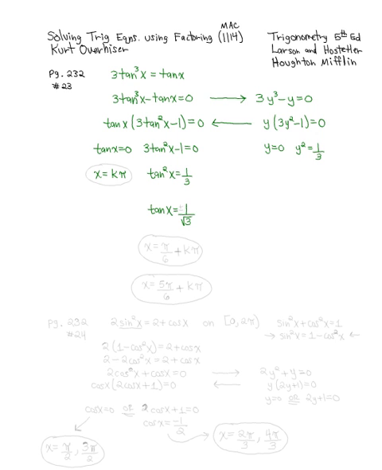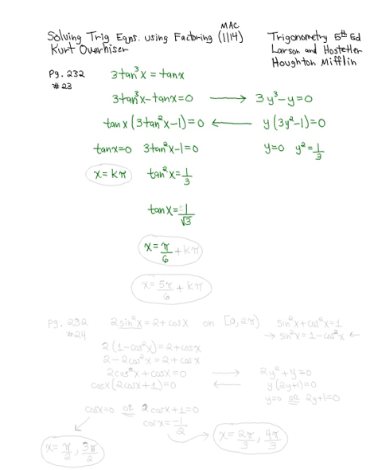And if you know that that happens to be a special angle of 30 degrees, so that would be pi over 6 radians. So x equals pi over 6.